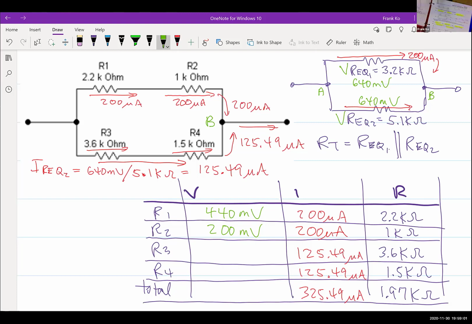So my VR3, Isaac, do you have VR3? 451.76 millivolts, correct? And my VR4, Robert, do you have VR4? 188.24 millivolts. Is everybody okay with each of those four voltages?